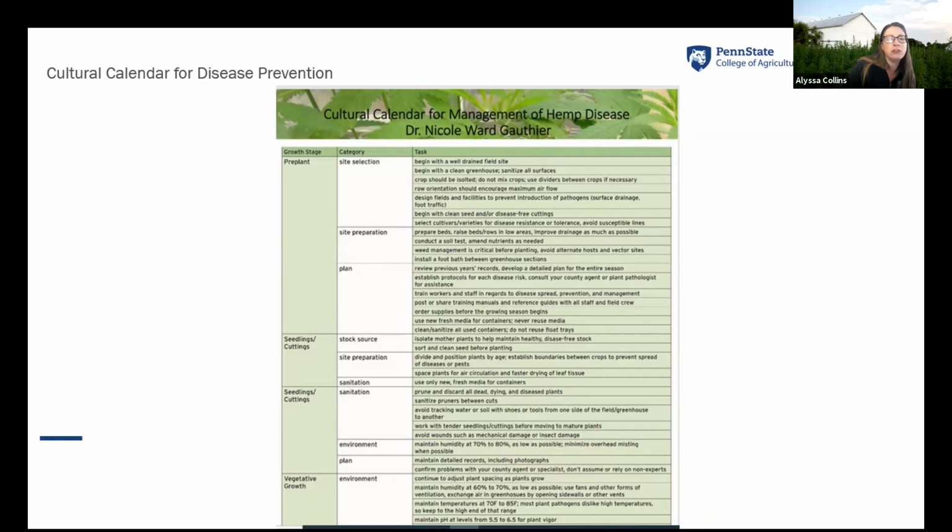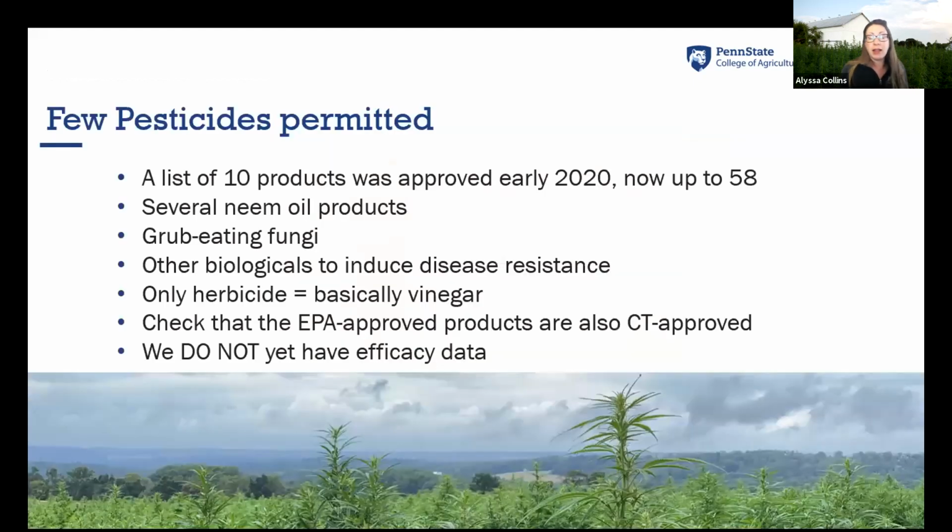So I'll share that with you as well. Like I said, there are few pesticides, but they do exist, and more are coming up all the time that are being approved by EPA. So we started out maybe 18 months ago with only 10 products. Now we're up to 58.